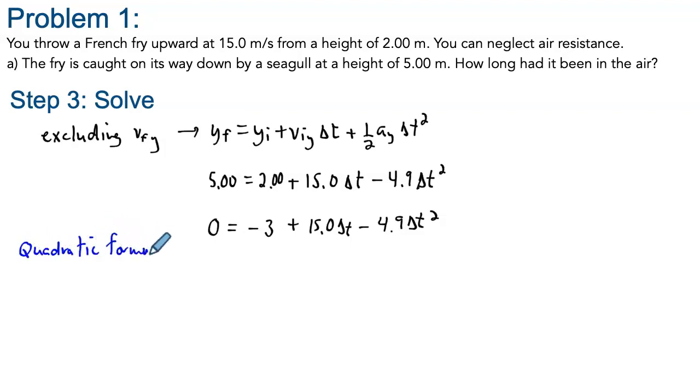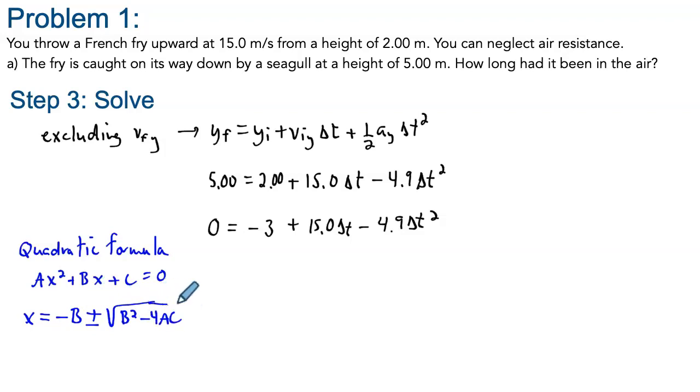So quick refresher on the quadratic formula, or quadratic equation. What you want to do when you get this is it's usually of the form ax squared plus bx plus c is equal to 0. And in that case, we know that x will be equal to minus b plus or minus the square root of b squared minus 4ac, all of that under the square root.